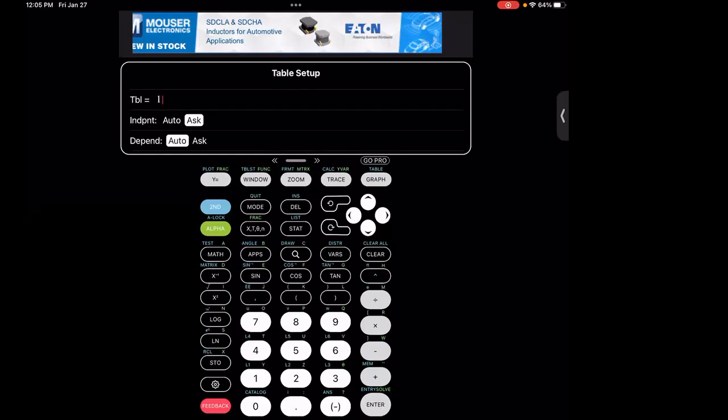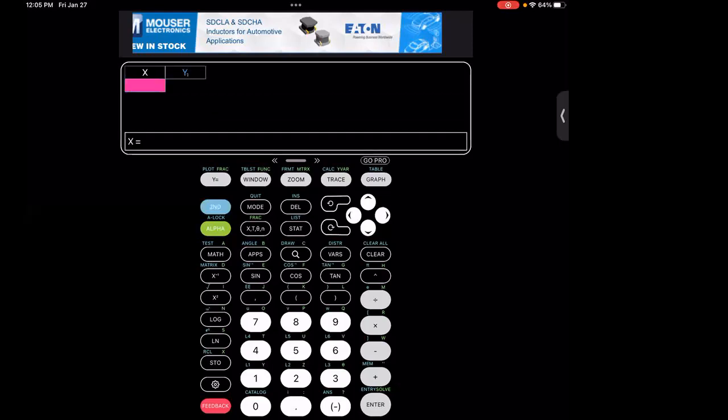If not, put your cursor down over ask, press enter, and then for dependent put the cursor over auto and press enter, and leave that for the rest of your life. Then go back to second graph to go to table. So I have -2, press enter, -1, 0, 1, 2.